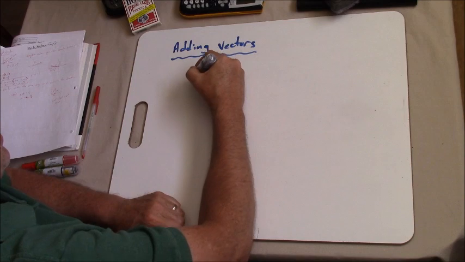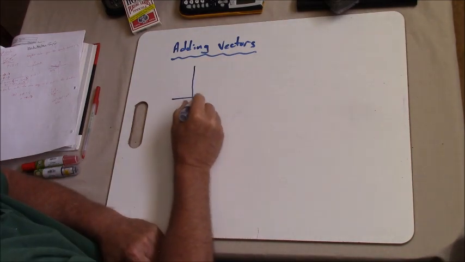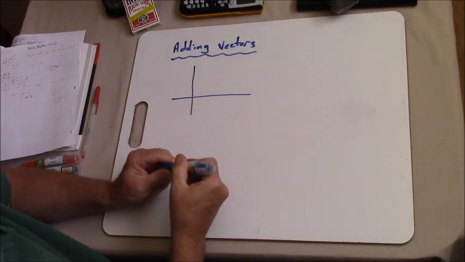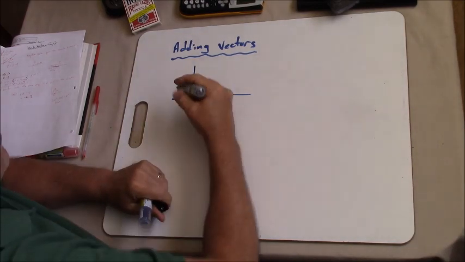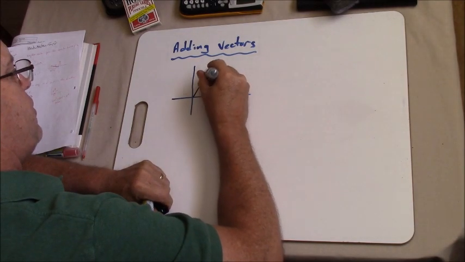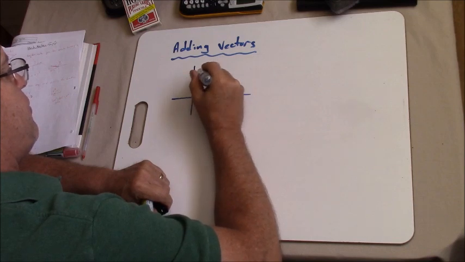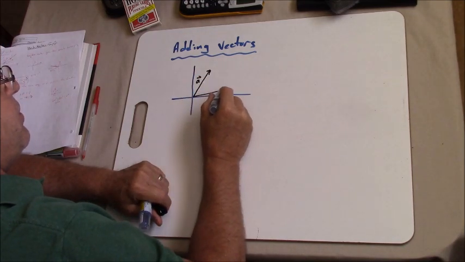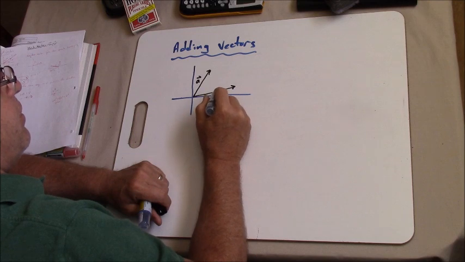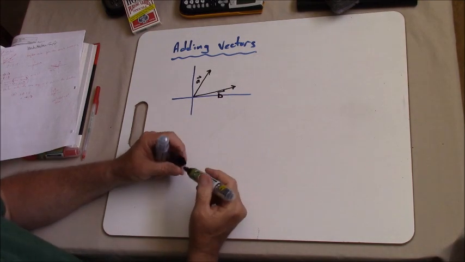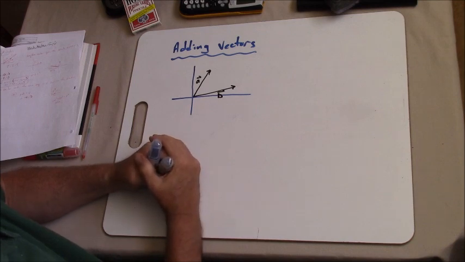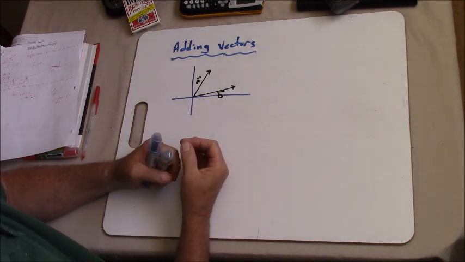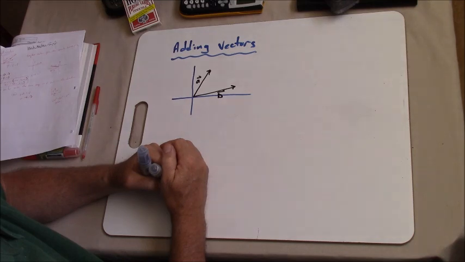And some of you may have had physics and learned some of this already. Here's an xy axis, and I'm going to call this vector A, and I'm going to call this vector B. Okay? When you add two vectors together, there's a rule that says they have to be head to tail, right?